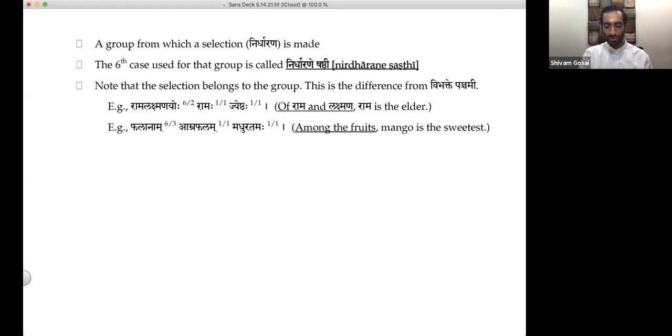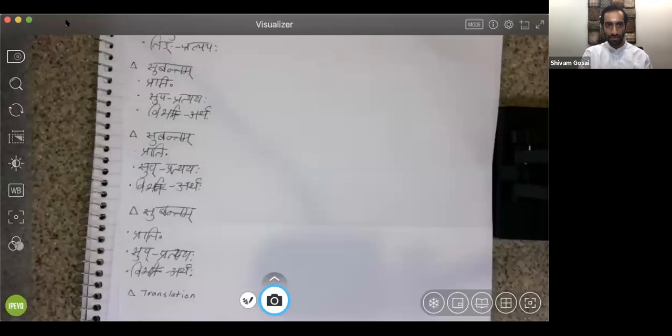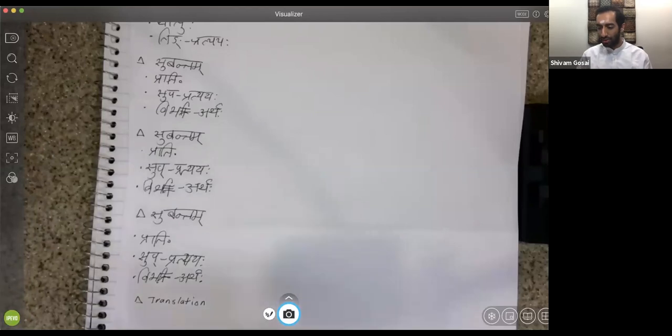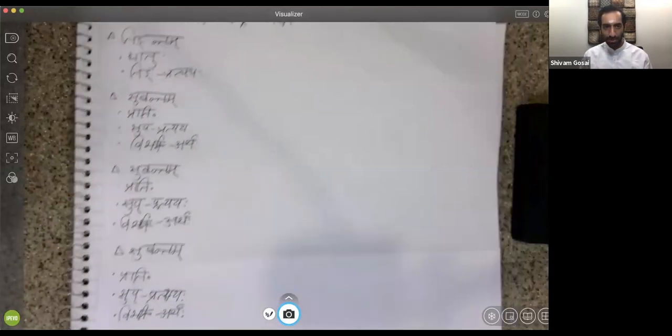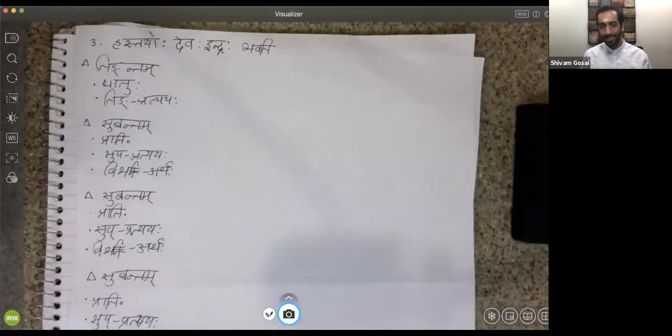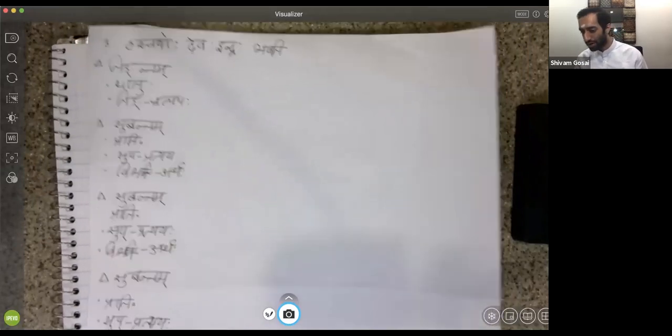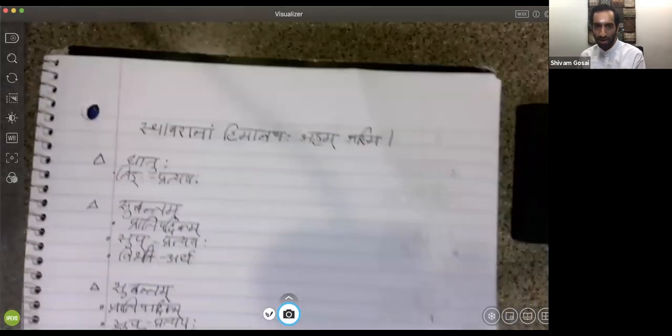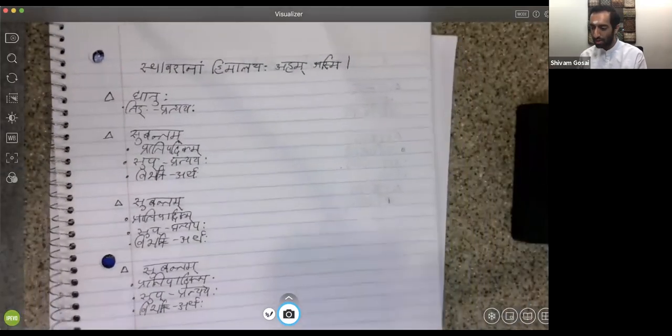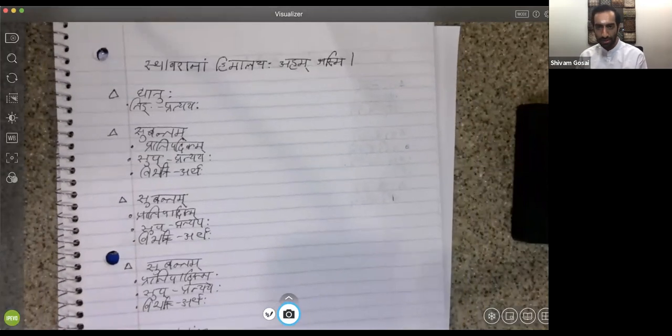Okay, I'm going to switch over to my camera. Let me make it a little bigger for you. We're going to go to the back of the book. If someone can help me with the page number, this is the sixth case homework. We'll skip number 3 for right now and go all the way to this example: Stavaranam Himalayaha Aham Asmi.